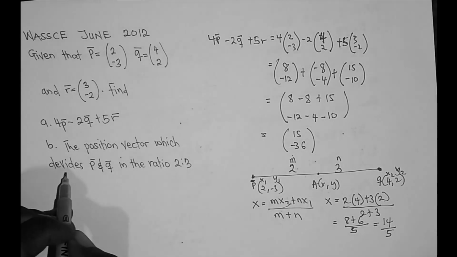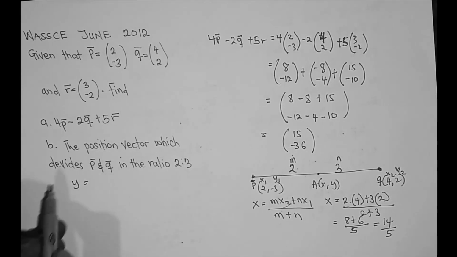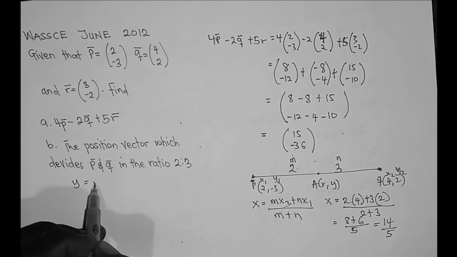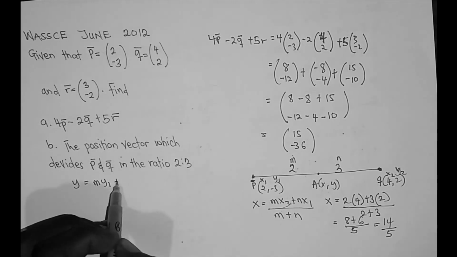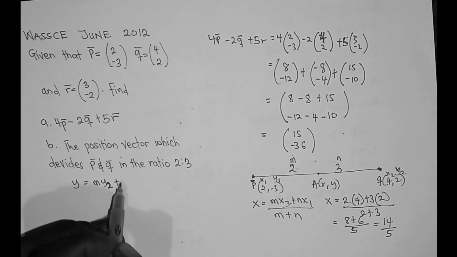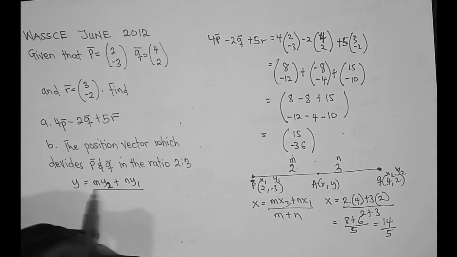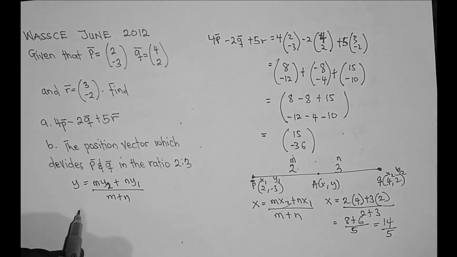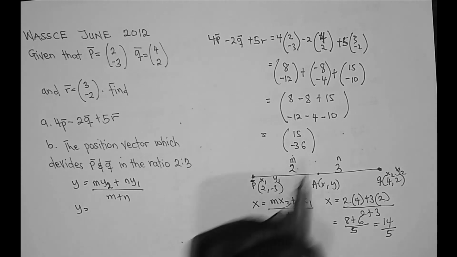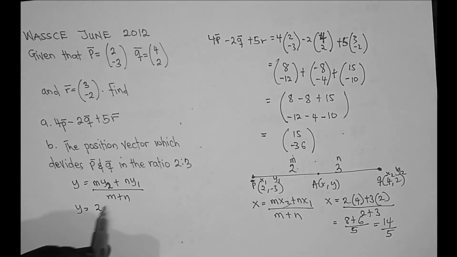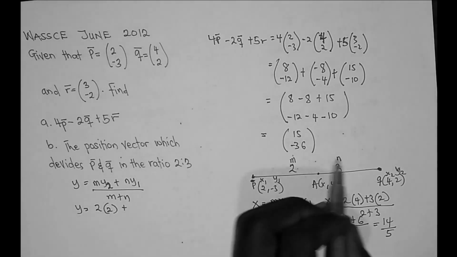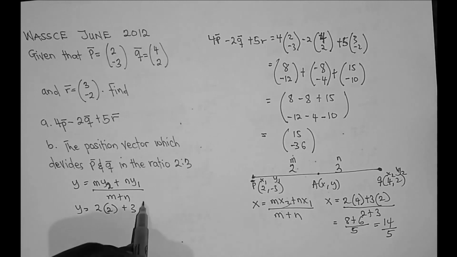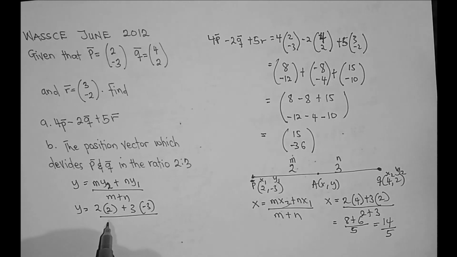Let's find the y component. The formula for the y component is (my2 plus ny1) divided by (m plus n). So y equals m is 2, y2 is 2, plus n is 3, then times y1 is minus 3, divided by m plus n, which is 2 plus 3.